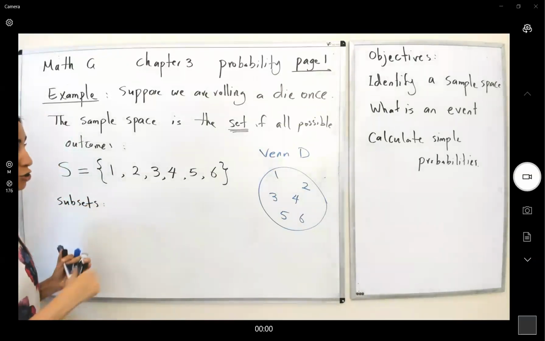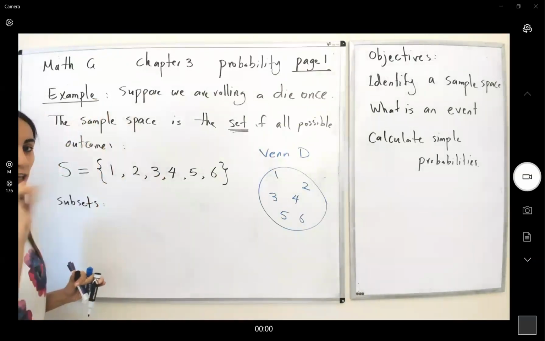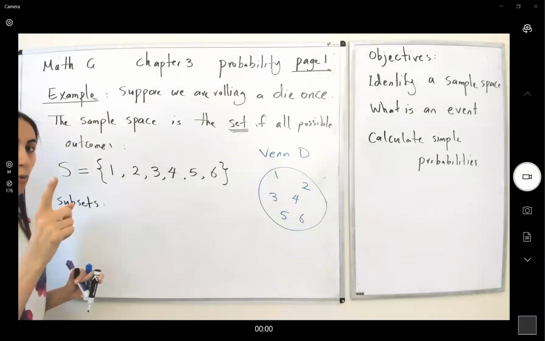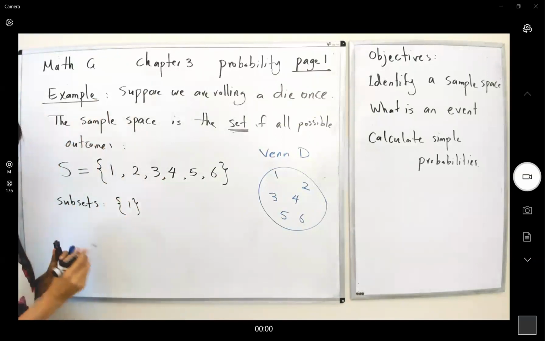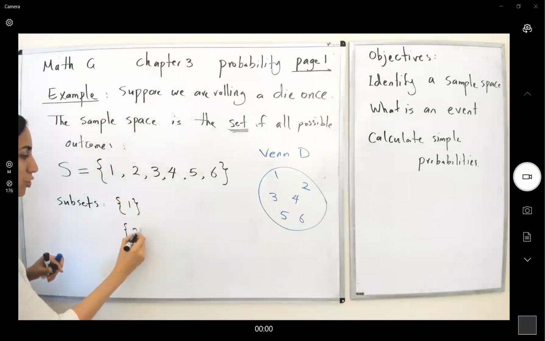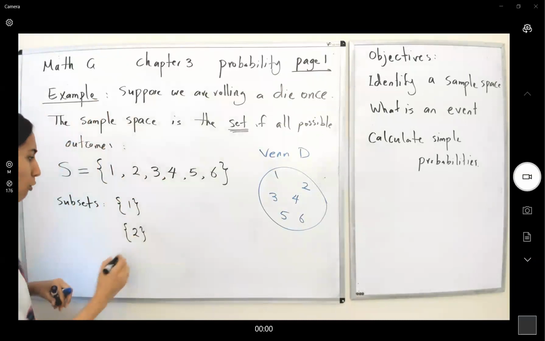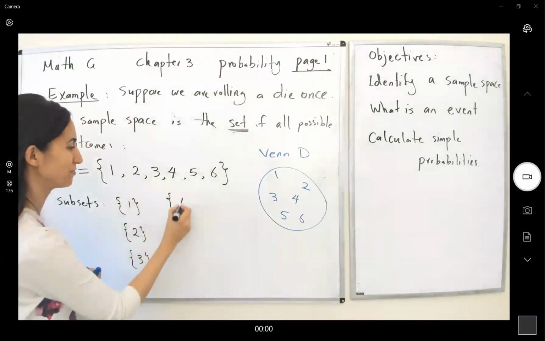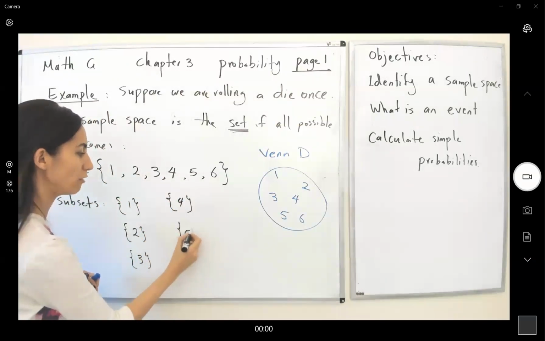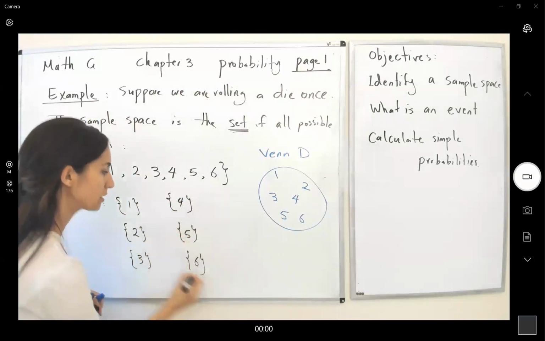Remember that you're just rolling this once, so you end up with 1 value. It might be 1, or it might be 2, or 3, maybe 4, maybe 5, maybe 6.